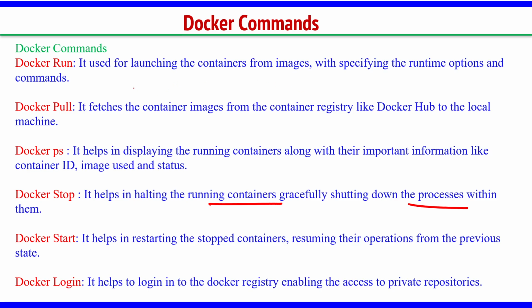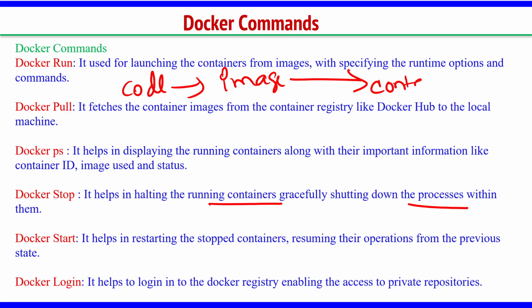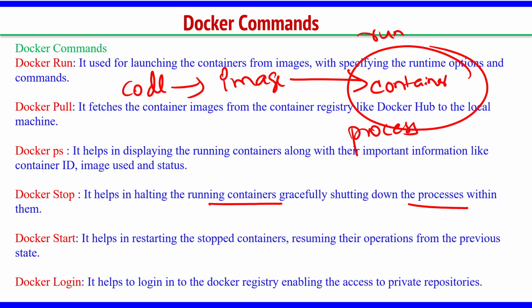So, again the sequence: code, the image, this image I will push into a container. A container is a process which will be running always. It means the control is with us to run or to stop, right. So, the stop command is used to stop this process.